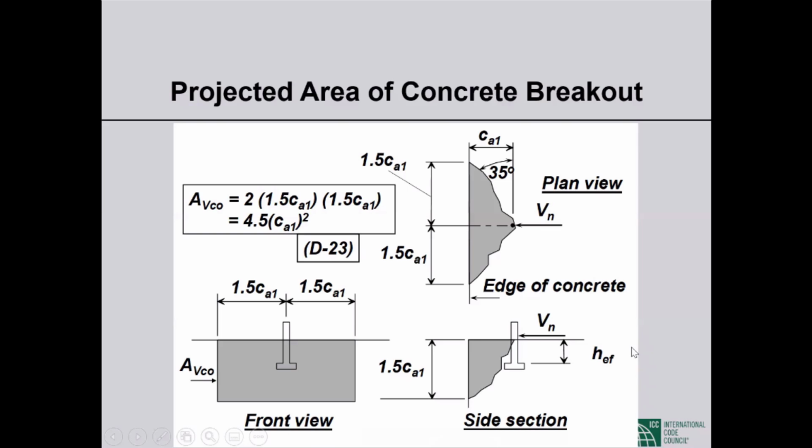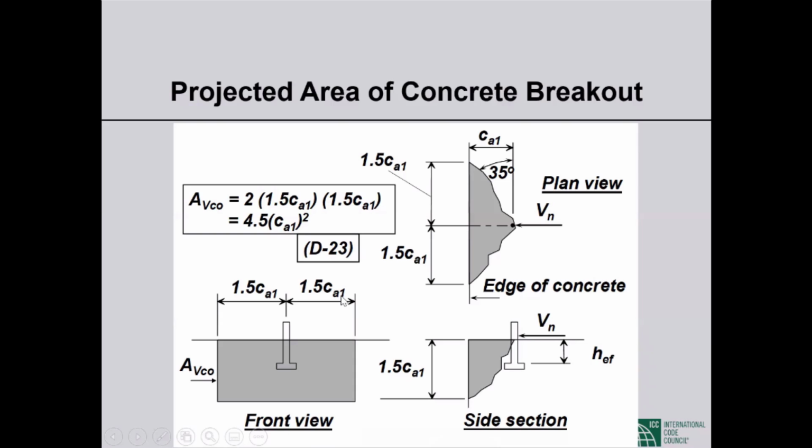The failure surface is at 35 degrees, which will make this distance 1.5 C sub A1, that distance 1.5 C sub A1. This is the same anchor in elevation. Okay, this is 1.5 C sub A1, this distance. This is 1.5 C sub A1, that distance.